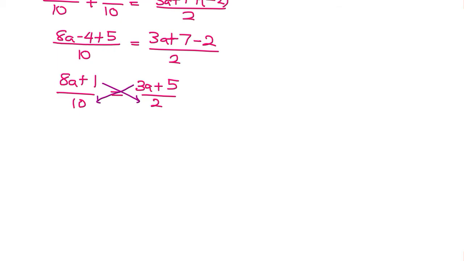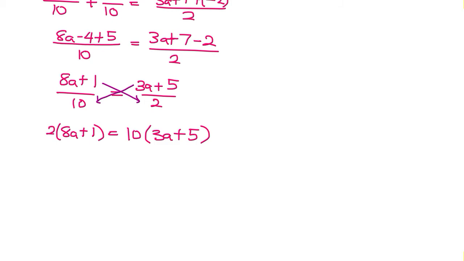So if we cross multiply, it means that 2 here will be multiplied by everything inside the numerator, 8a plus 1, and our 10, which is the denominator on the left side, will be multiplied by the numerator, everything on the right side, 3a plus 5.